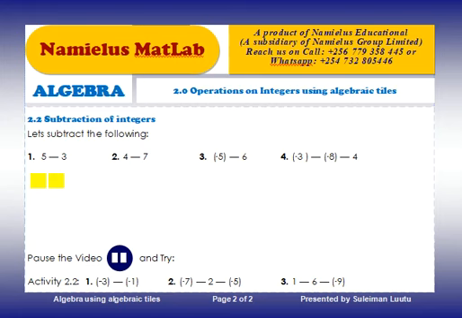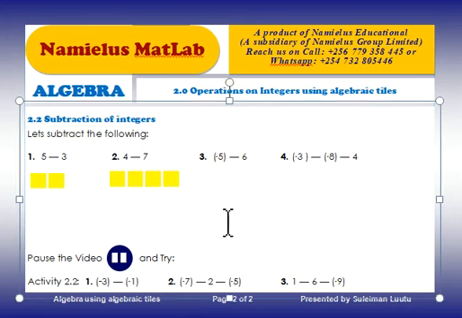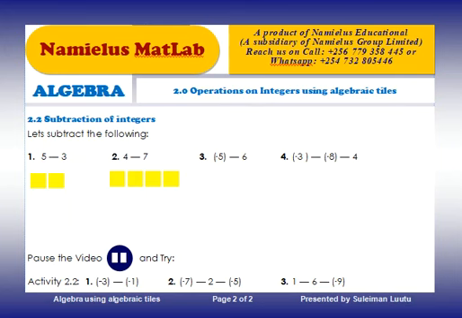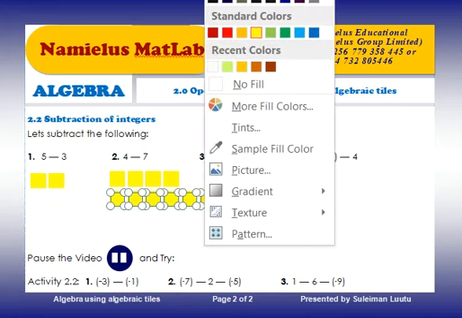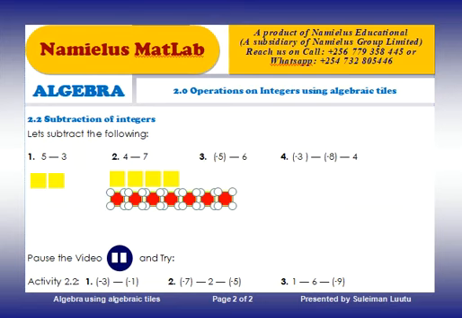Now, let's look at the second step. This is 4 minus 7. Now, when we say minus 7, we have 7 here, but we have to subtract it. There is one thing which you should understand. When subtracting a number, it is the same as adding its opposite.